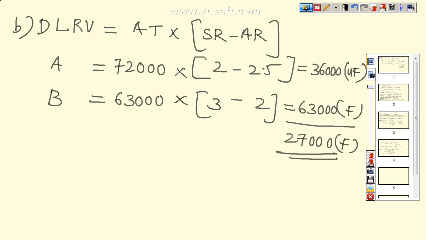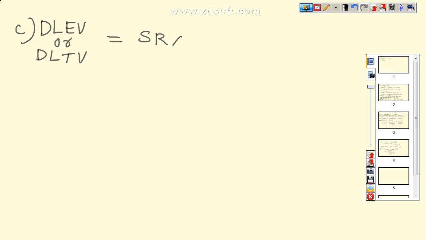After calculating this, next we have to calculate direct labor efficiency variance, that is DLEV. It is also known as direct labor time variance, that is equal to standard rate multiplied by ST minus AT.